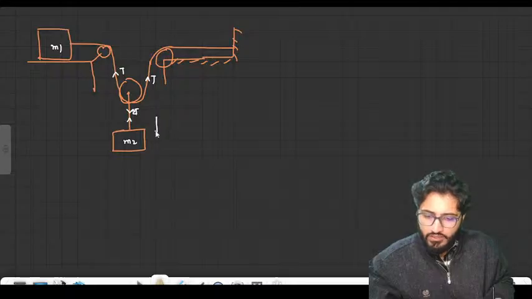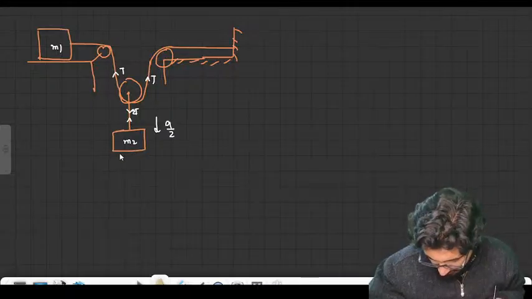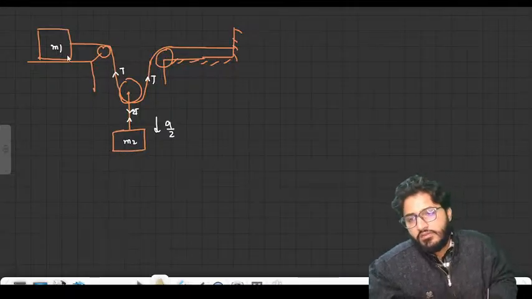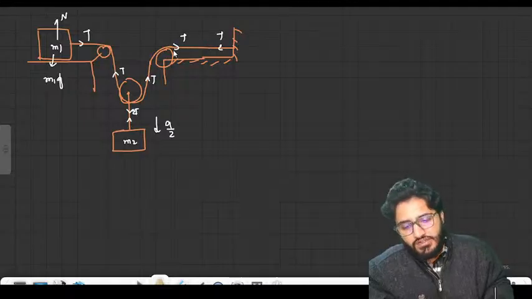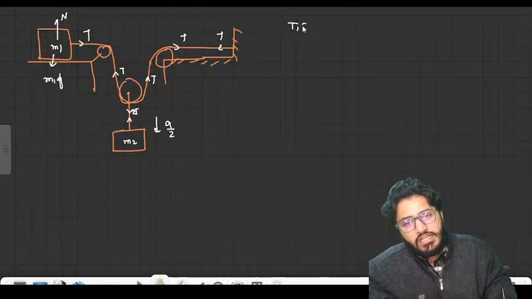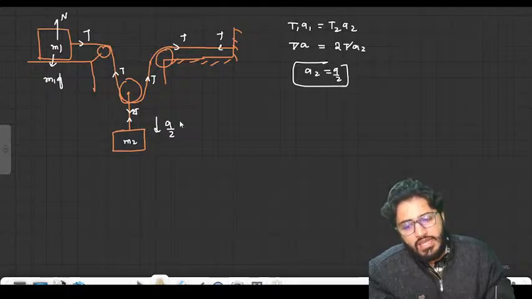If 2T, so what will the acceleration be? A by 2. So my acceleration would be A by 2. Done. So M1G downwards, up will be N. Tension is T here, same tension T here. I will write the equation: T1 A1 equals T2 A2. T is T, A is A, equals T2 is 2T, A2 is how much? A2 came out to be A by 2. That's why I wrote here A by 2.